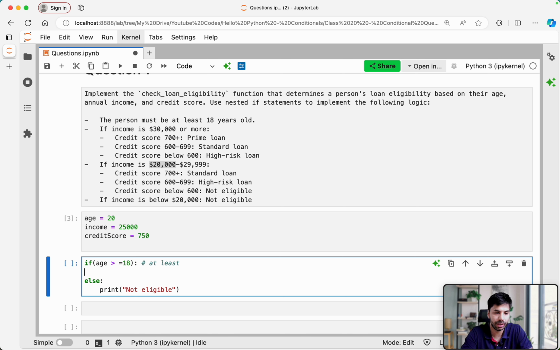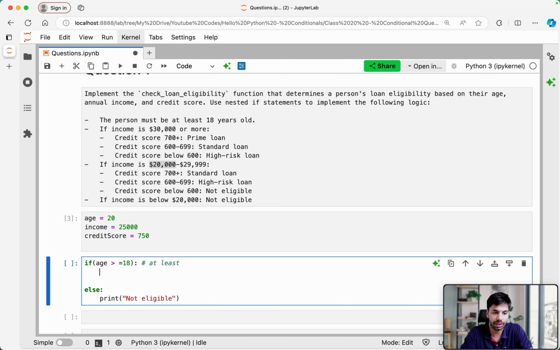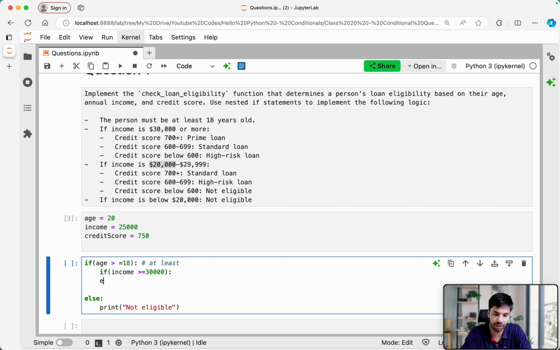Let us go back and see what exactly we have to do. If the age is greater than or equal to 18, then we have to check the income of the person. Please make sure you understand this problem in steps. First we check age. Now age is done, so let's go to the income. If income is greater than or equal to 30,000, then we do something.